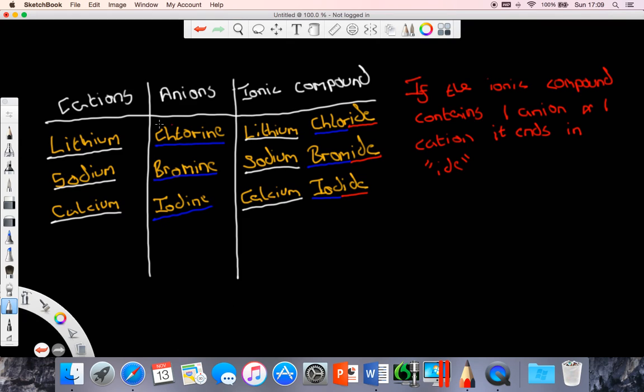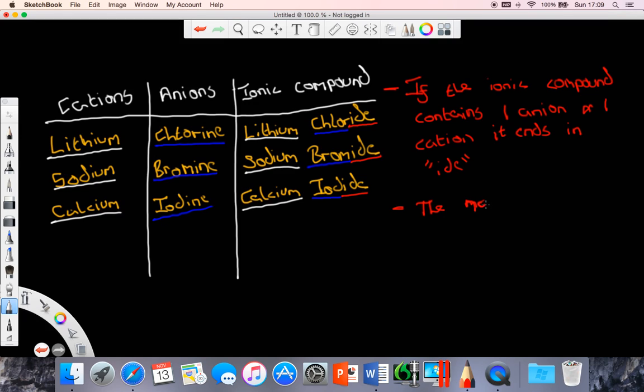The other rule is that the cation always comes first, followed by the anion, and then "-ide".